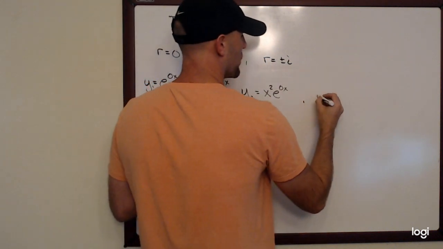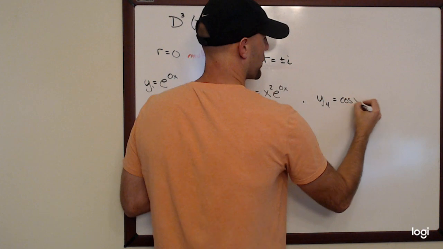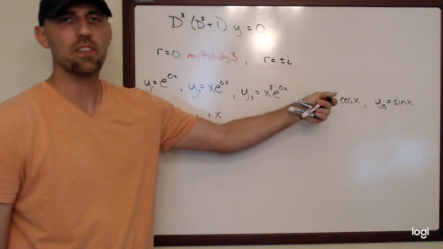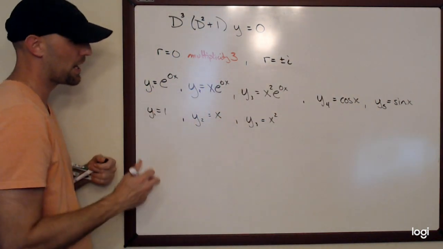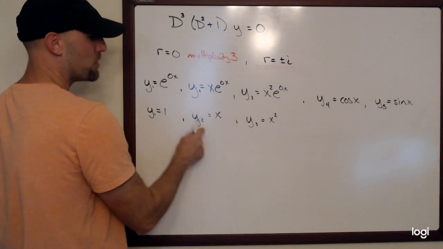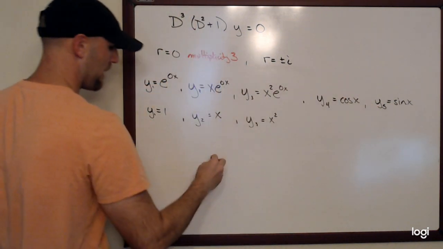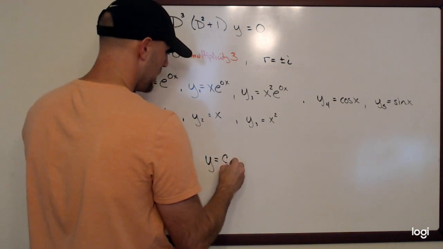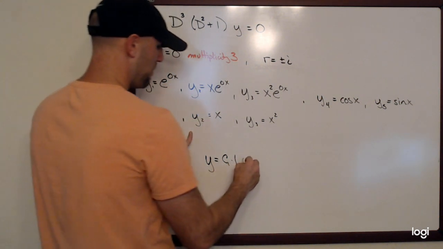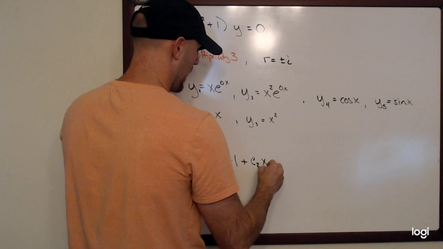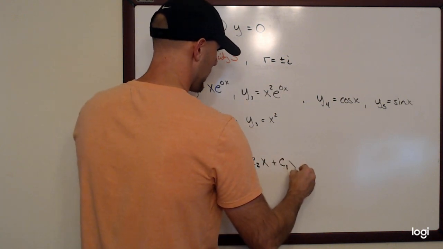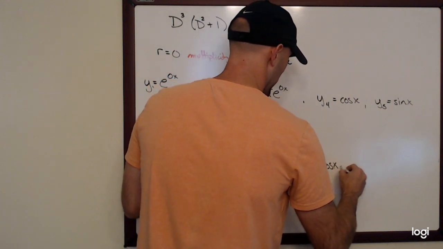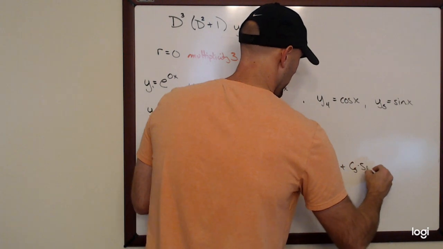This literally corresponds to cosine x and sine x. Again, e to the 0x cosine 1x, e to the 0x sine 1x. And if I look at a linear combination of these, it's 1, 2, 3, 4, 5 solutions. That's degree 5. I've got y equals c1 times 1 plus c2 times x plus c3 times x squared plus c4 times cosine x plus c5 times sine x.